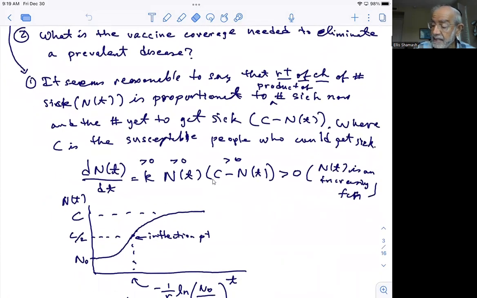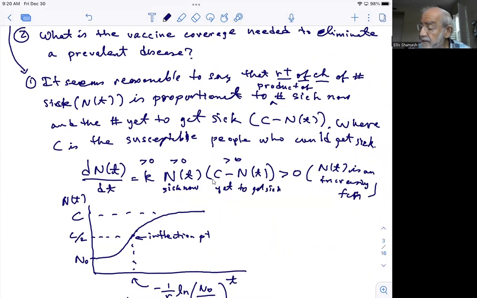So we can write that dN/dt is the product of three things: the proportionality constant, the number sick now, and the number yet to get sick.